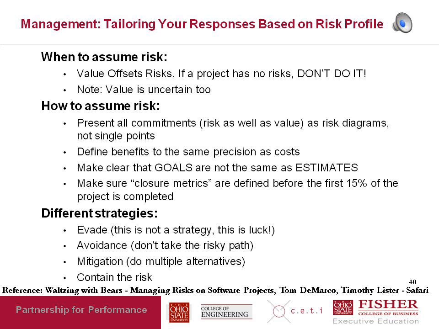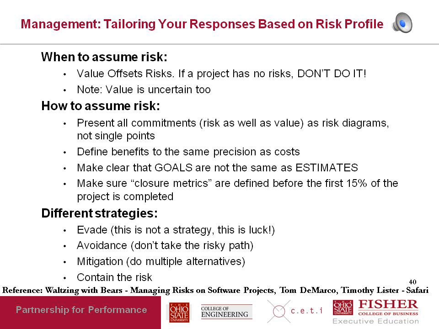The third one is risk mitigation, which is do things that will over time reduce the risk. So for example, let's take the same problem, which is you're asked to do the project using .NET, and it's a risk because nobody in your team has any knowledge of .NET.